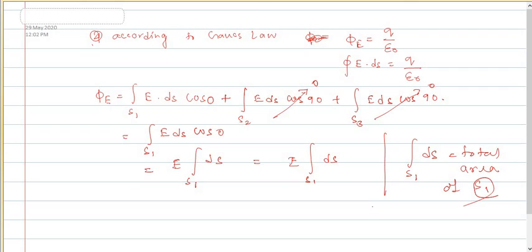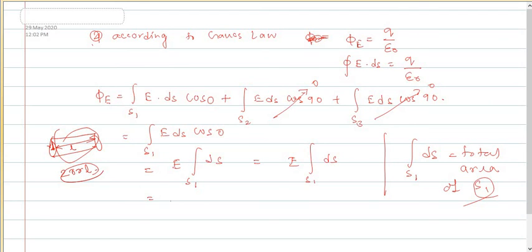Now see, this surface 1 is nothing but, if this one is a cylinder, this is the radius R, this will be the length L, then what is the area of this portion? 2 pi RL. You should know this.